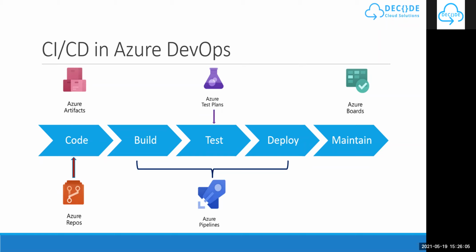Now, other than these three components which you see mapped to different stages, if I talk of Azure Artifacts here, Azure Artifacts is going to work mostly at the coding stage. Why? Because when you are coding your application, you will need certain dependencies in your code.